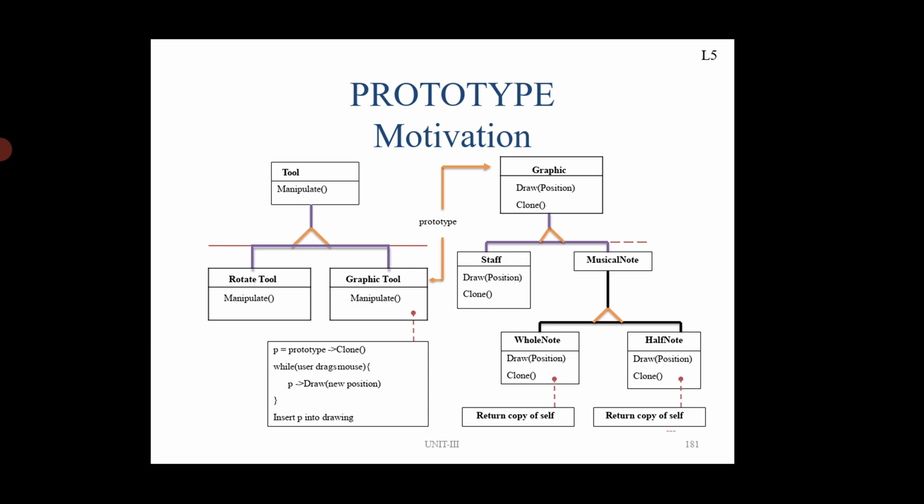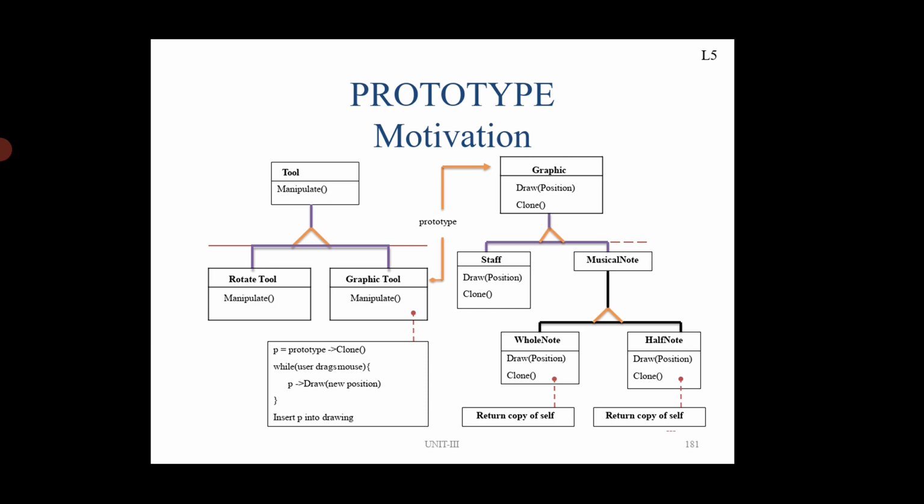Here we could subclass graphic tool for each kind of music object, but we know object composition is a flexible alternative to subclassing. So the question is, how can the framework parameterize instances of a graphic tool by the class of graphic they are supposed to create?